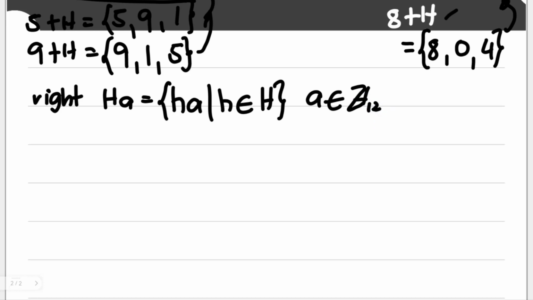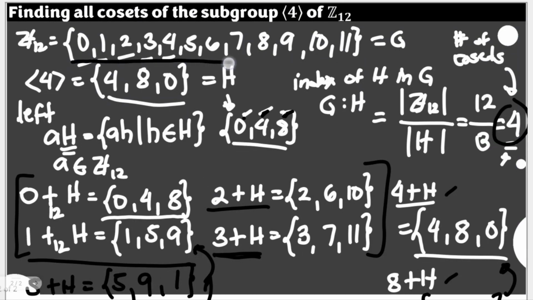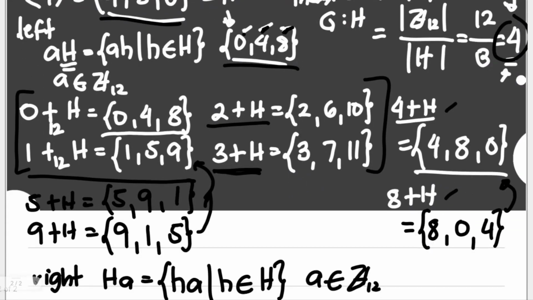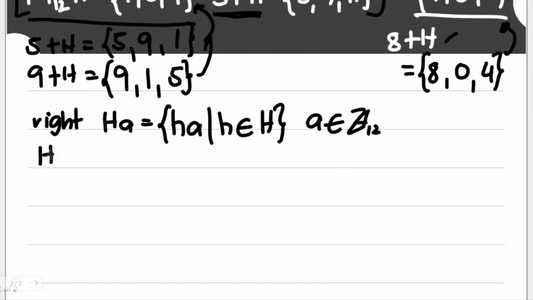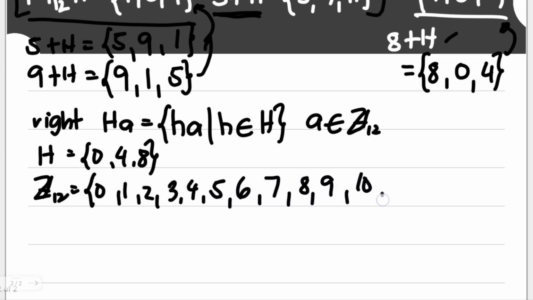Let me just copy it here. H is 0, 4, 8. And our Z12 is 0, 1, 2, 3, 4, 5, 6, 7, 8, 9, 10, and 11.